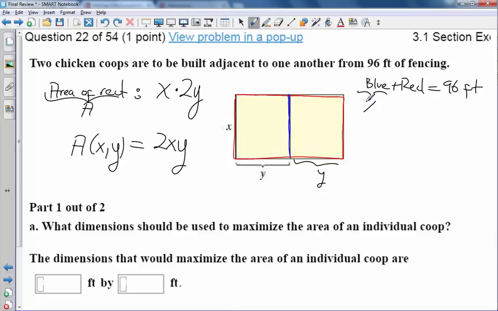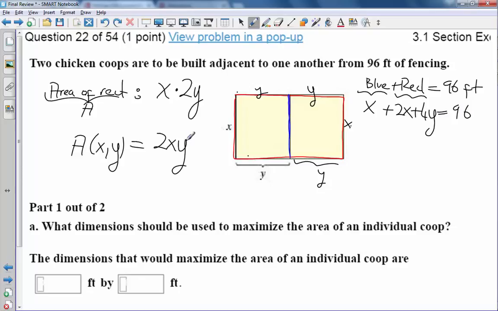Yes. This is x. How about red? How long is this perimeter? Red perimeter, which is 2x. No, it's not 2xy. It's 2x, yes, you have 1x here, 1x, so 2x, correct? And 4y.